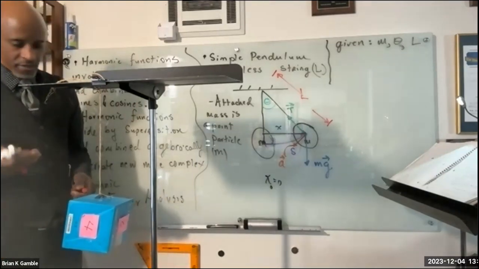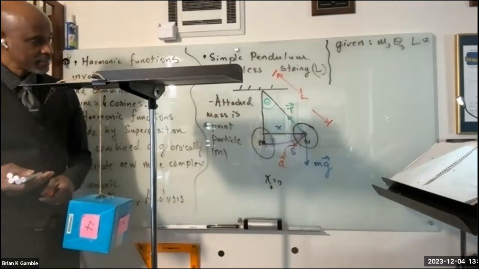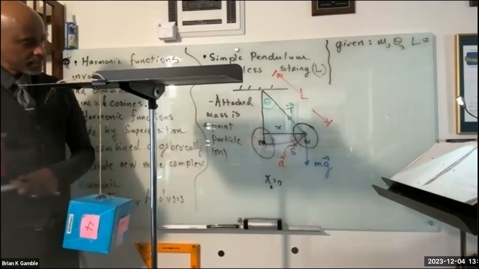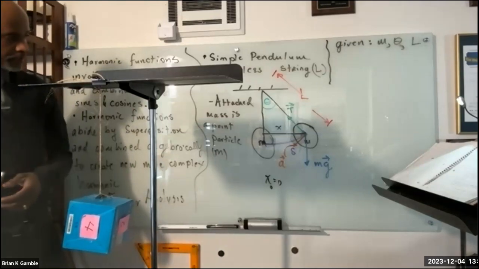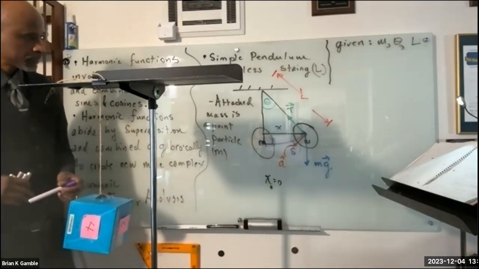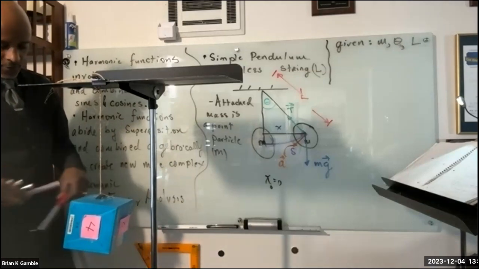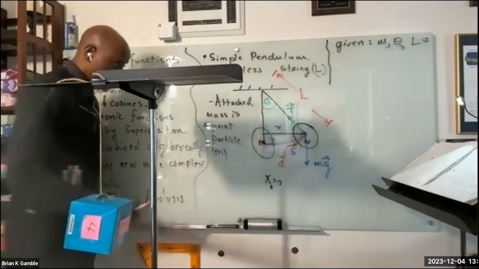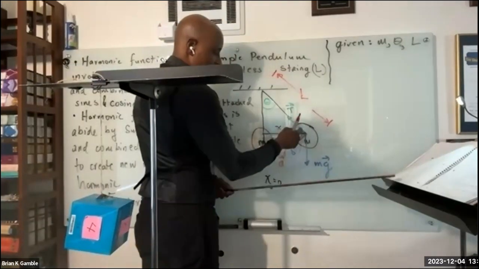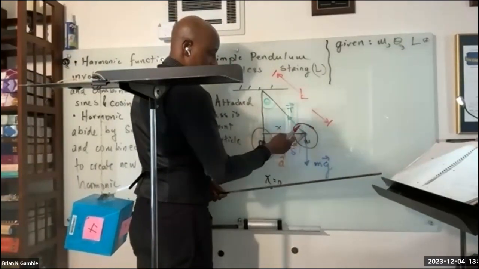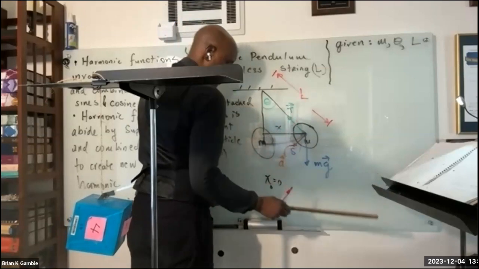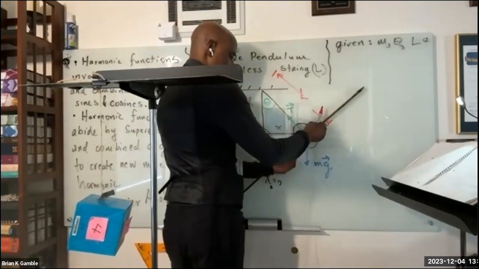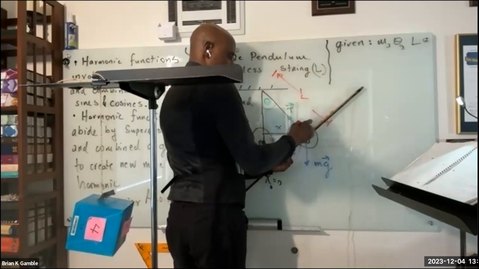So what I'm going to do is set up my axis so that my positive x-axis goes in the direction of the acceleration. So the acceleration is perpendicular to the tension, to the string. That's one way to think about it. So my axes will be like this.